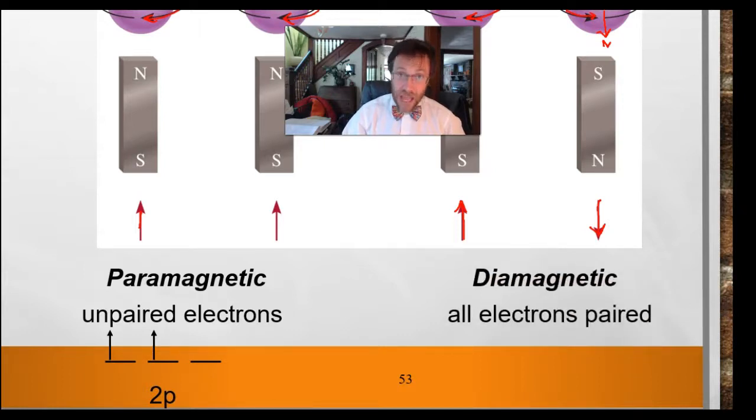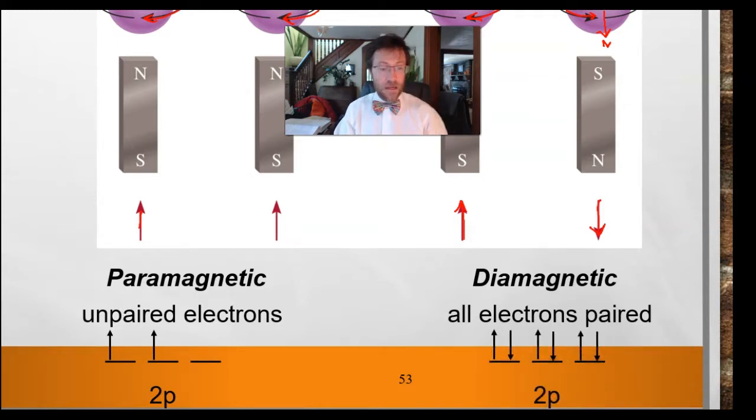And then there's diamagnetic, which means the magnetic field died because all the electrons are paired and the magnetic fields cancel each other out, right? So 2p2, right? There are two electrons in the p orbitals. We're going to go 1, 2, put them all alone and facing the same way first. And then this is 2p6.